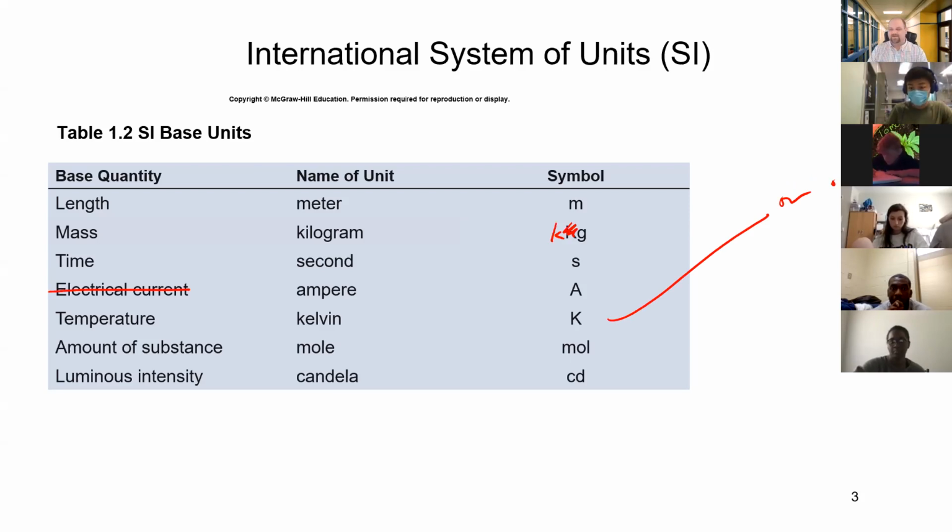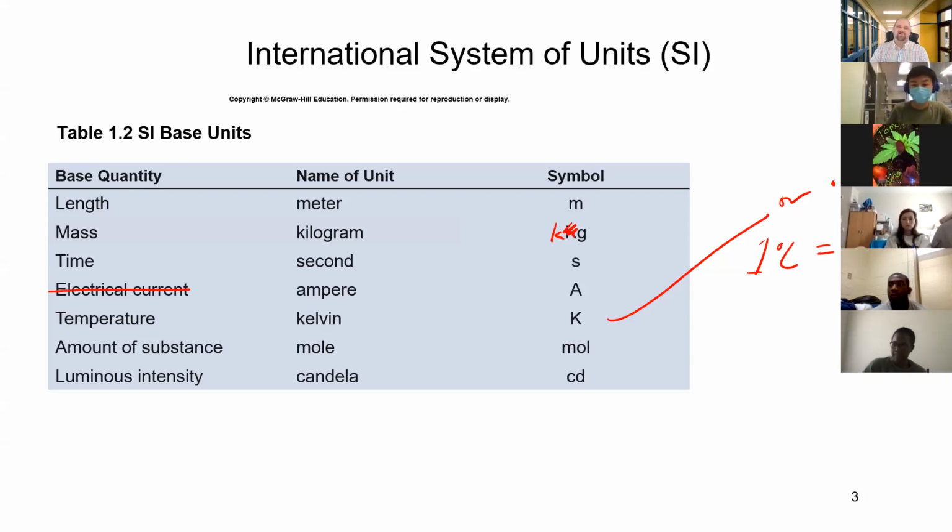So a difference of 1 degree Kelvin is the same as 1 degree C. That's when we're talking about changes.